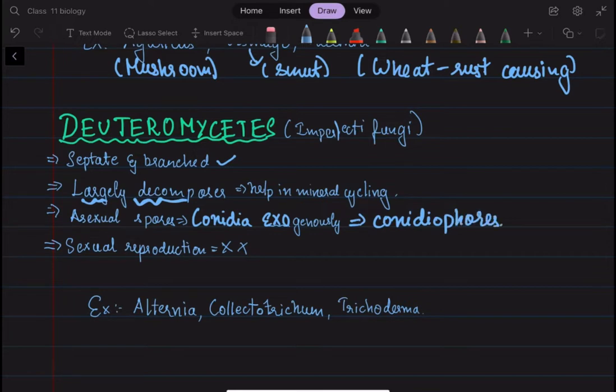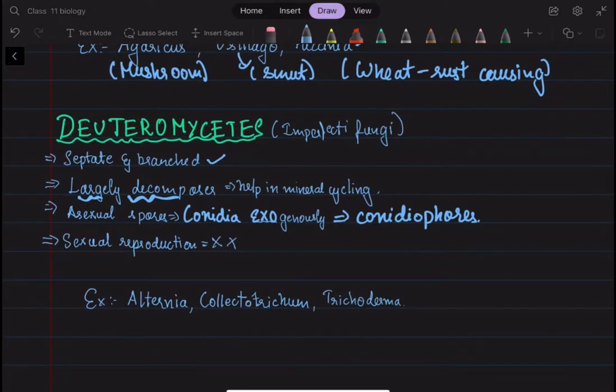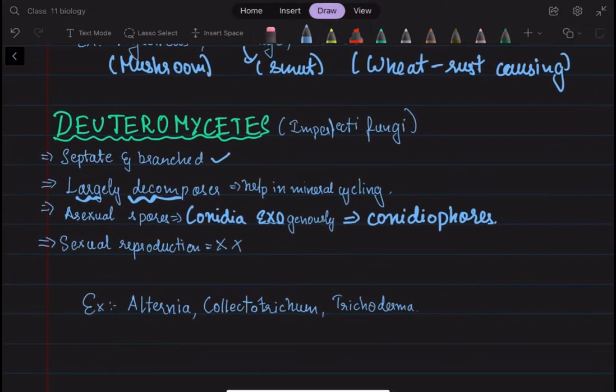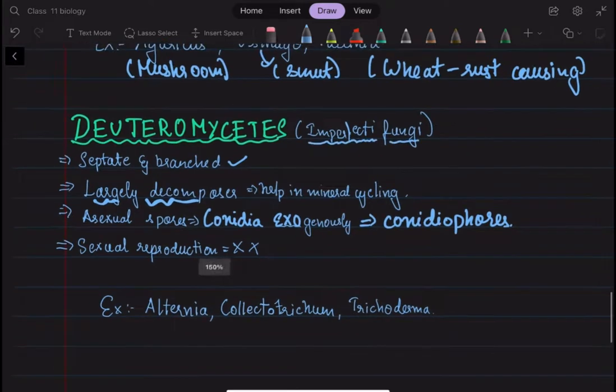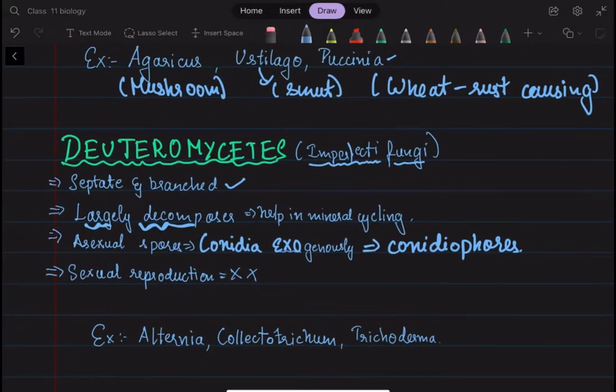Now, one very important point is that sexual reproduction is completely absent in deuteromycetes, and that is why they are called imperfect fungi. So even if by chance they find any organism placed in deuteromycetes having sexual stages, they shift it to other classes.